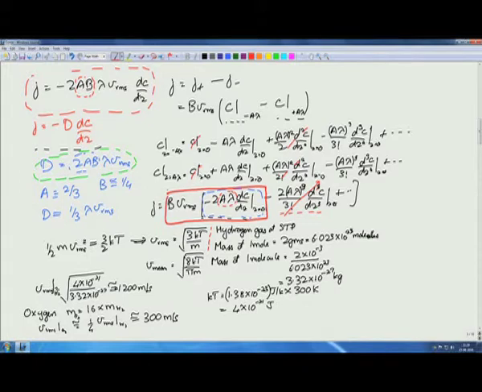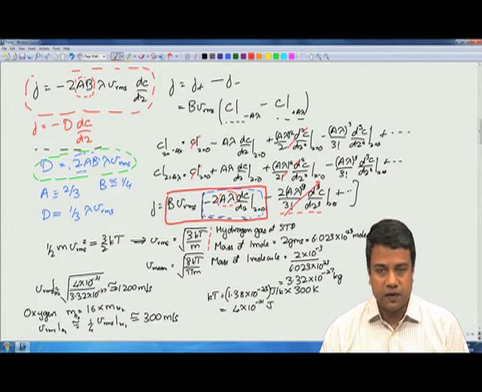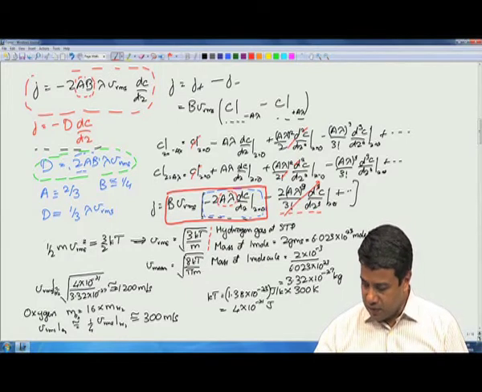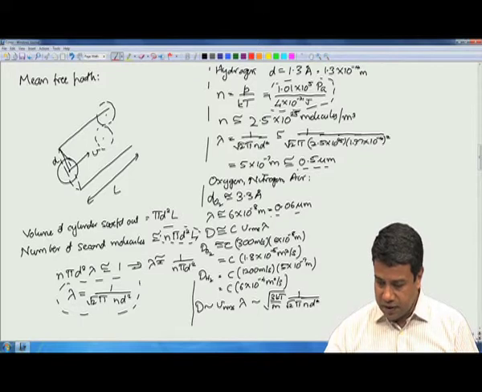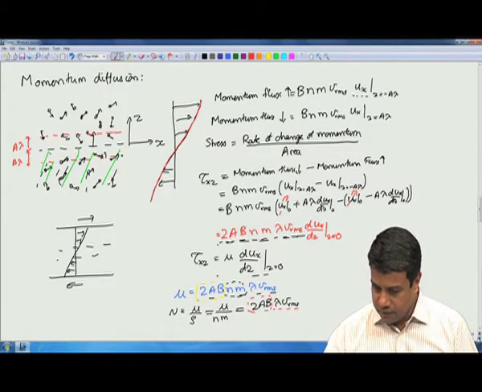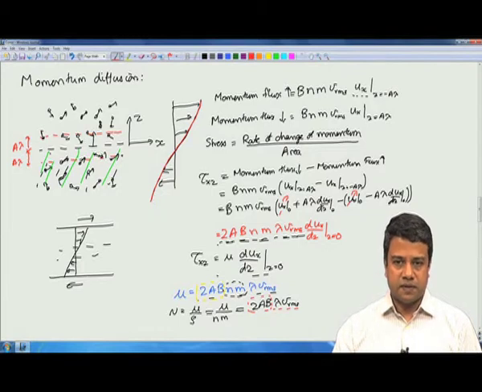That thing in front is the diffusion coefficient, and the diffusion coefficient scales as the root mean square fluctuating velocity times the mean free path in gases. The same is true in the case of momentum diffusion and in the case of energy diffusion. In the case of momentum diffusion, it is the momentum that is being transported.